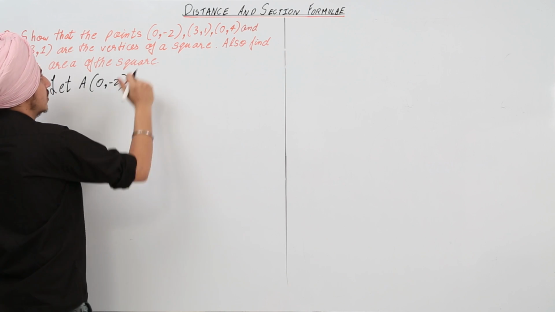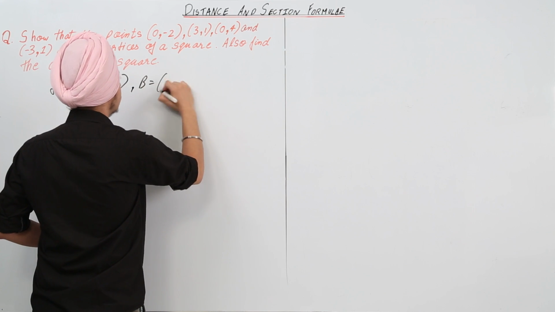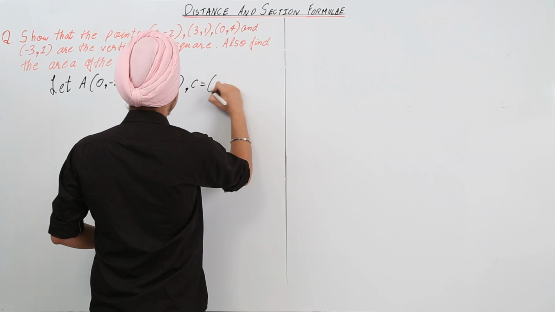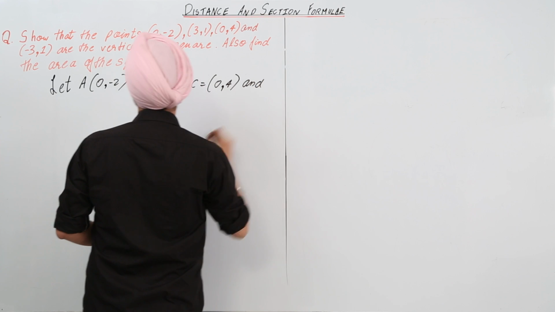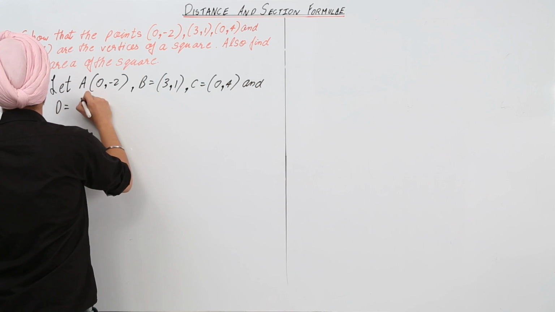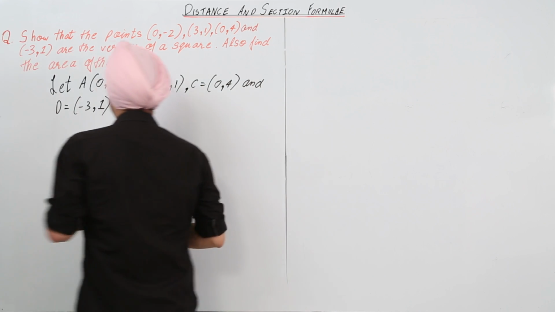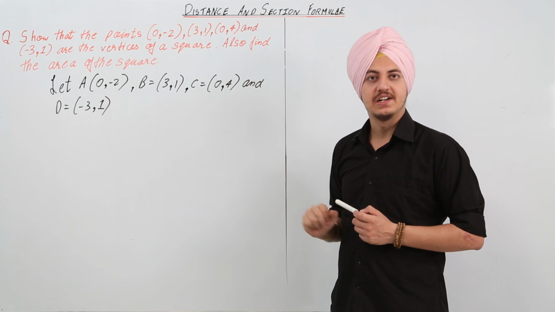Let A equal to (0, -2), B equal to (3, 1), C equal to (0, 4) and D equal to (-3, 1). Now we have the 4 points A, B, C and D.